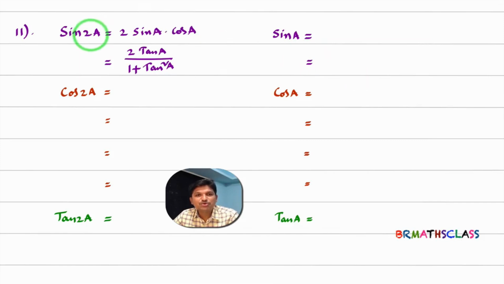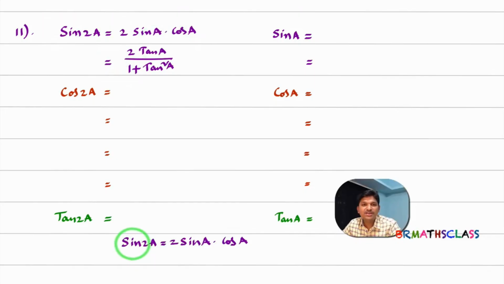If you know sin 2a, you can write sin a. Observe this sin 2a formula. In place of a, if I write a by 2, you see what happens. This 2 will get cancelled.